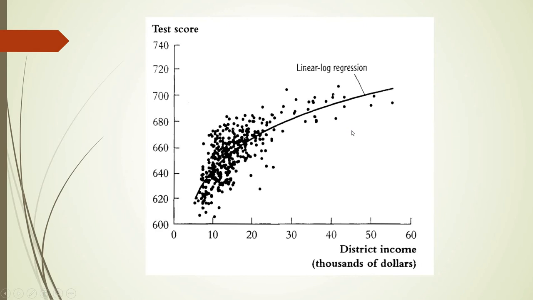It is also obvious on the graph that for changes from 10 to 11,000 you have the higher slope here, more extreme growth of test scores. But here, from 40 to 41,000, you are getting a more horizontal line. So the increase of test scores is slower for the richer districts in California.